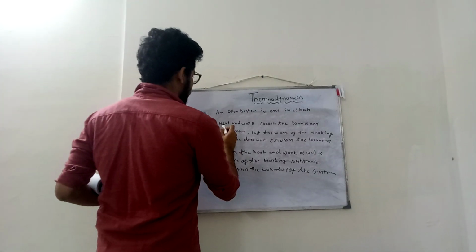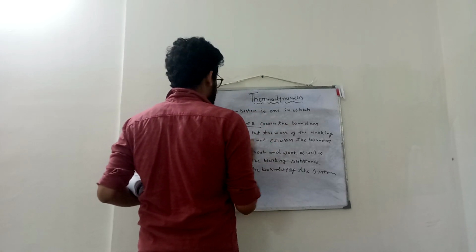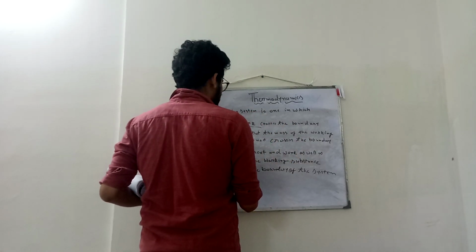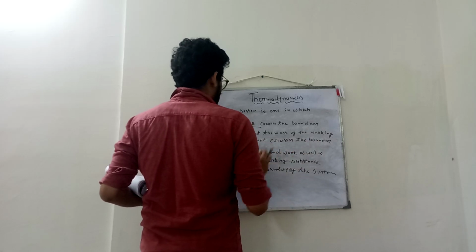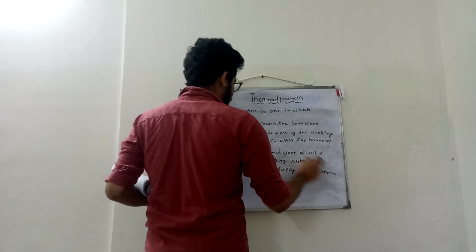Okay, heat and work. In an open system, the first option is heat and work cross the boundary of the system, but the mass of the working substance does not cross the boundary. And the second option is that both heat and work as well as mass of the working substance cross the boundary of the system.